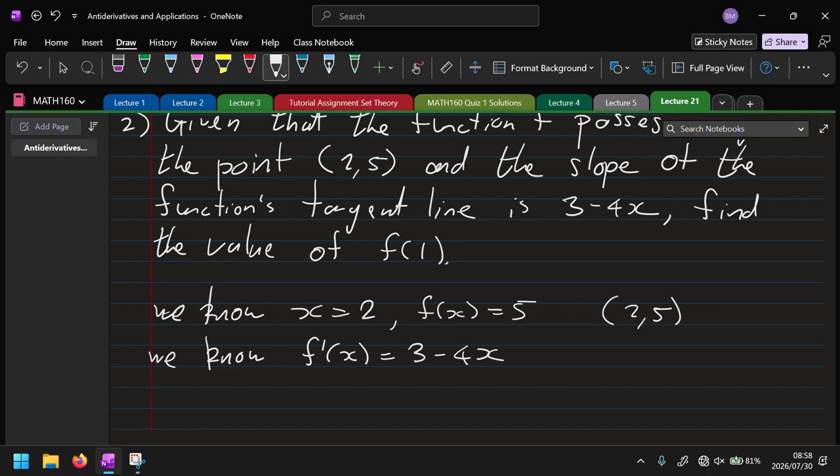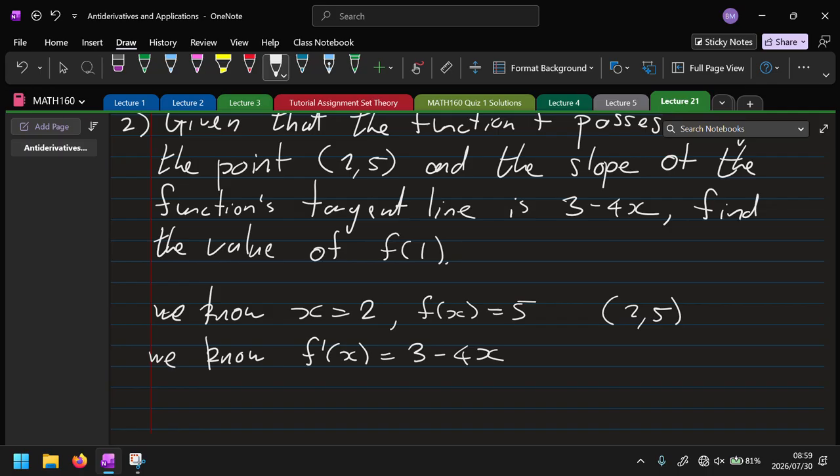So now, again, we've got this bit of information here, but what we want is f of 1. We don't know the function. Okay, so we don't know the function, but we do know its derivative. And now we know, how do we get from the derivative to the function? The antiderivative. If we were given the function to the derivative, it's just d by dx.